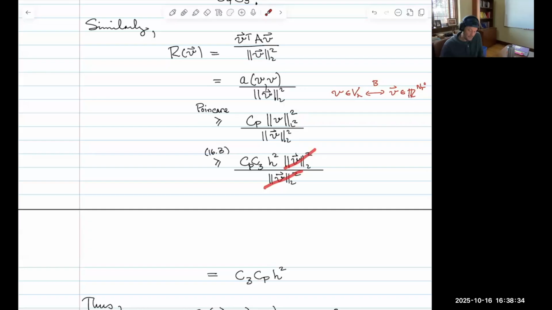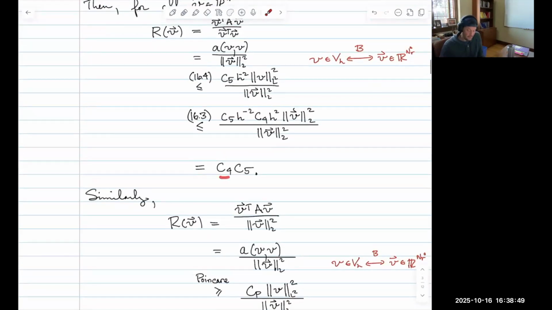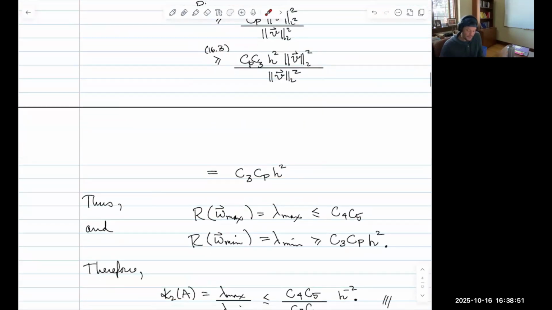Again, those two objects cancel, and I just get some constant. Now, these constants are independent of h, definitely. C4 and C5 are all independent of h, and C3 is independent of h, and C_P is independent of h.